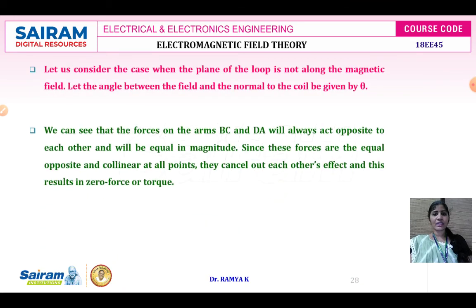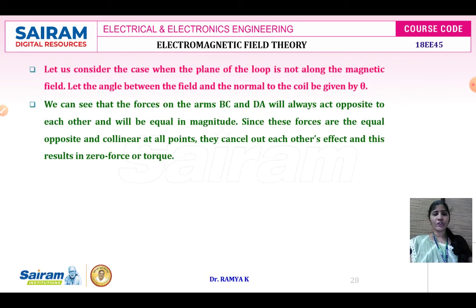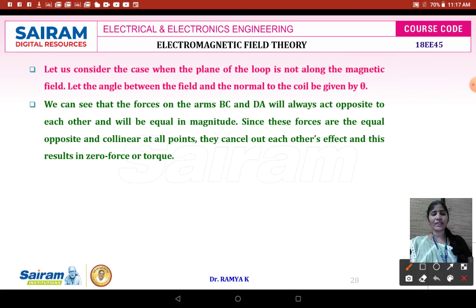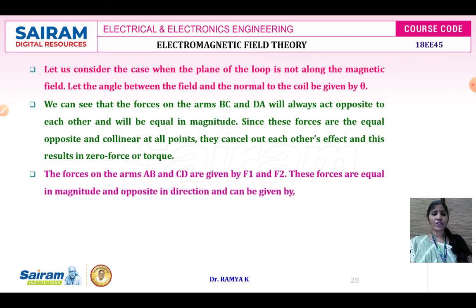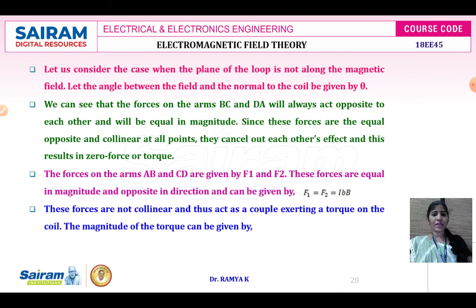Now let us consider the case where the plane of the loop is not along the magnetic field. It is going to make an angle theta. So the plane is not exactly in line with the magnetic field. Instead, it is going to make an angle theta. If that is the case, what will be the torque equation? The torque equation on the side ABCD is given by F1 and F2, where F1 and F2 are equal to I B b.